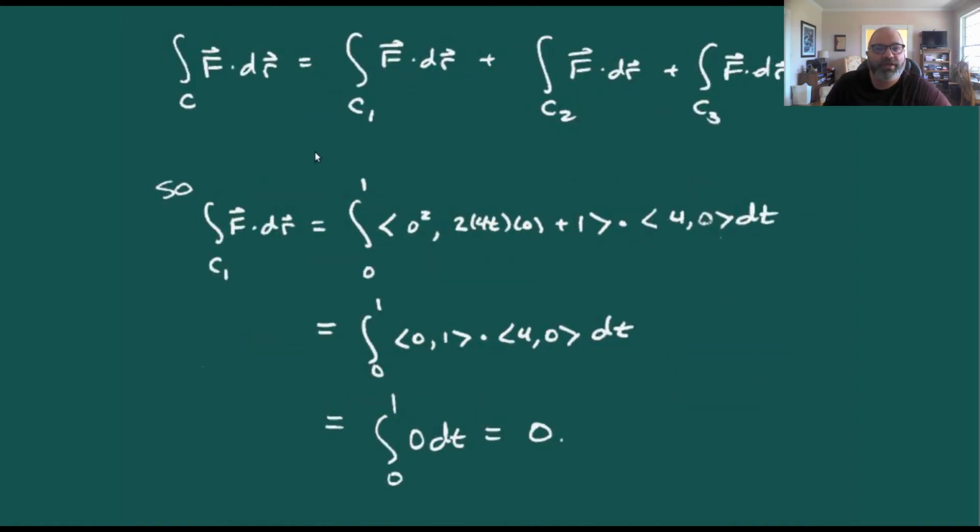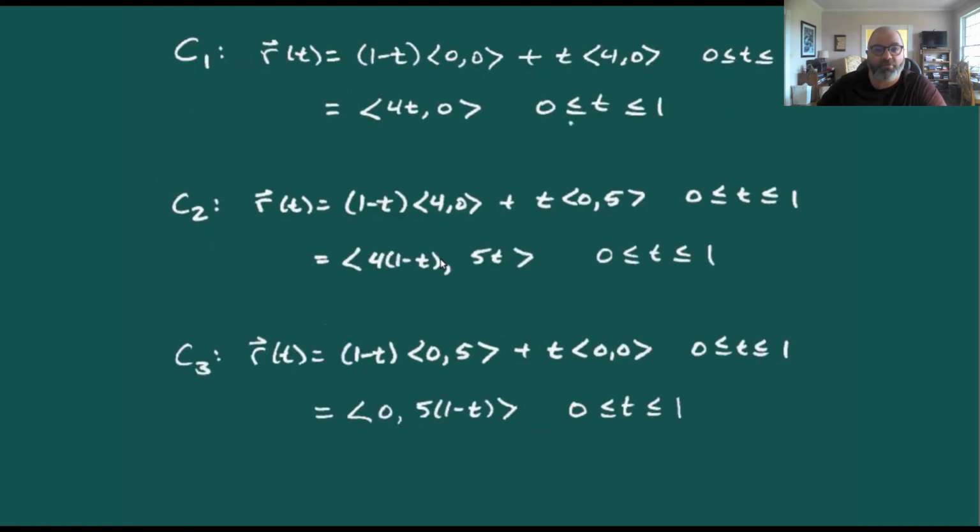And so when we calculate this line integral over our big triangle C, we can just break that up as the sum of our three line integrals over each one of our curves, C1, C2, C3. So doing each one independently, the integral over C1 of F dot dr: our x values get replaced with the x values from our parameterization.